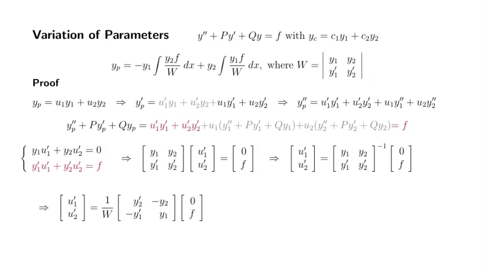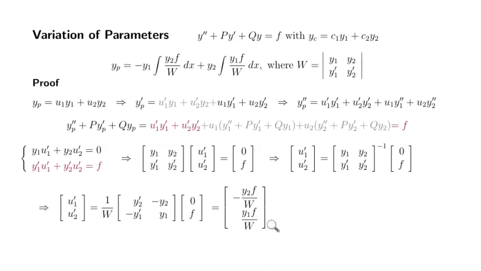If you multiply it out, you're going to end up with something like this. Just row times column, and then divide by the Wronskian. We get those. So we know u1 prime, we have this, and we know u2 prime comes out to be this.